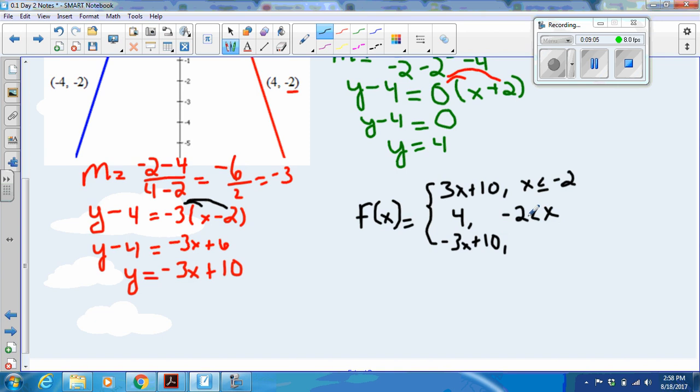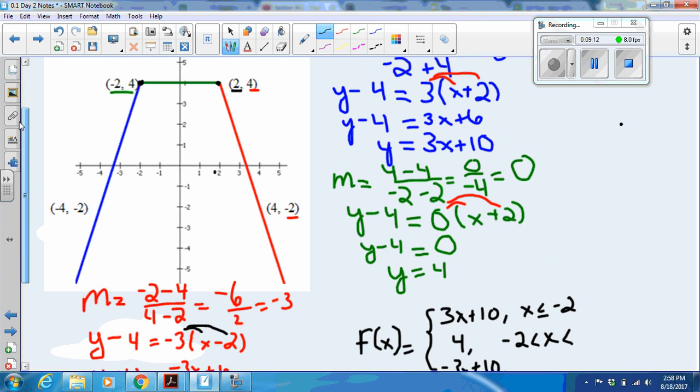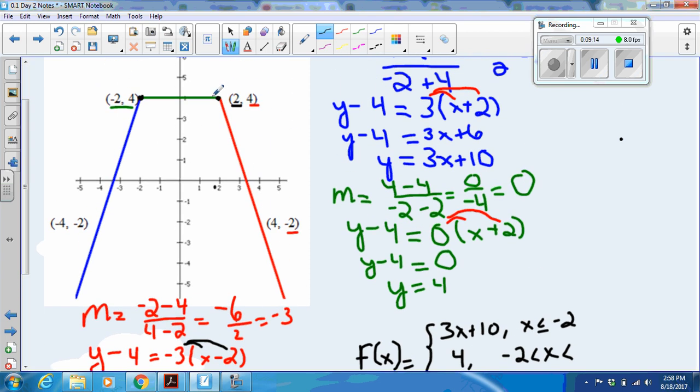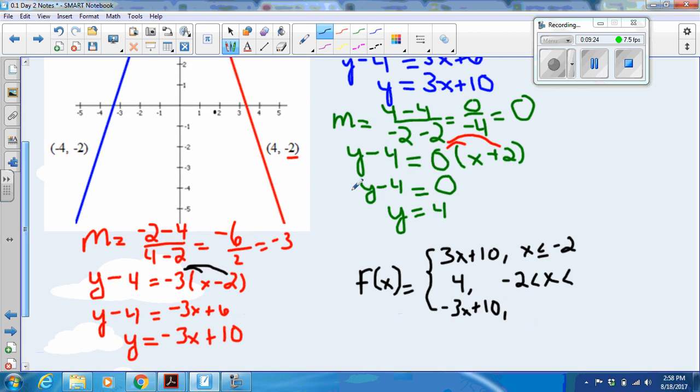So x is bigger than negative 2, but x is also smaller than, and this is where the intersection between the green and the red line come to play. We see what x value they have in common, which I can see is the 2, and so that will be part of our restriction. So x is less than 2.